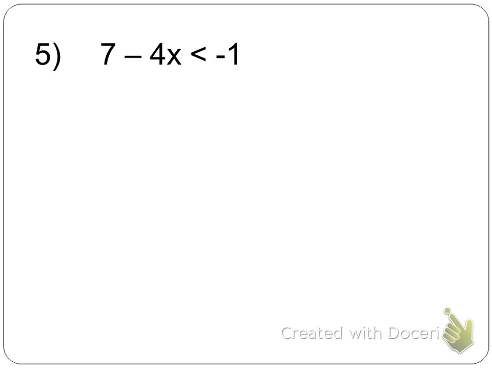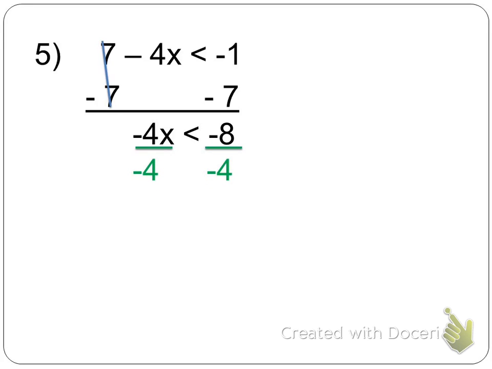So after you've written the problem, go ahead and subtract that 7 from both sides. So we have negative 4x is less than what? Negative 8. Now what? Divide both sides by negative 4. What happens? x is greater than 2.